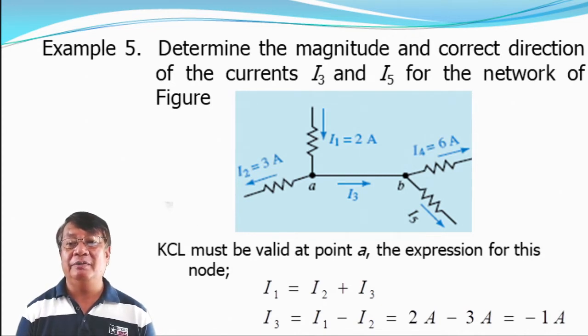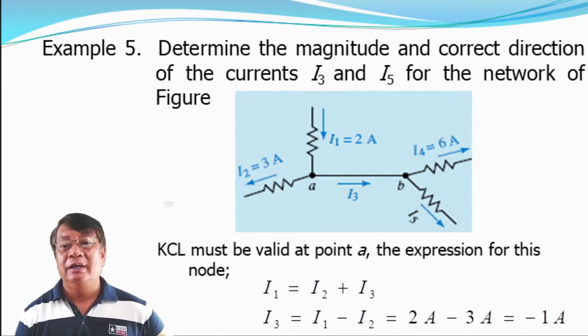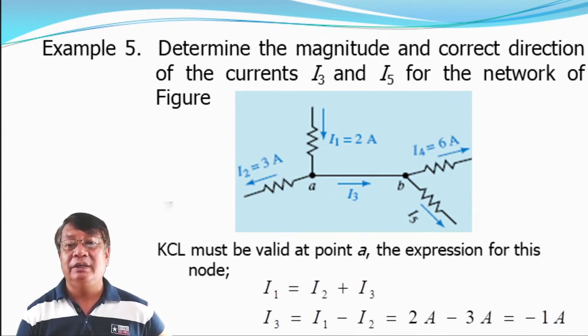If we solve for current I sub 3, which is the unknown here, it is equal to I sub 1 minus I sub 2. Therefore, I sub 3 is equal to negative 1 ampere.